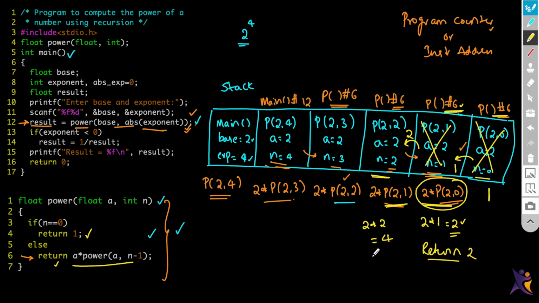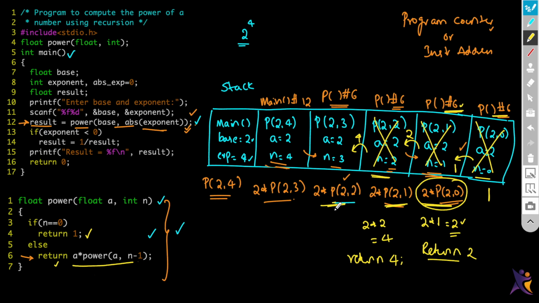Now in this function we have return 4, so 4 will be returned to its caller, right? This activation record will be popped off from the stack. Now the control goes to line number 6 of its caller, right?